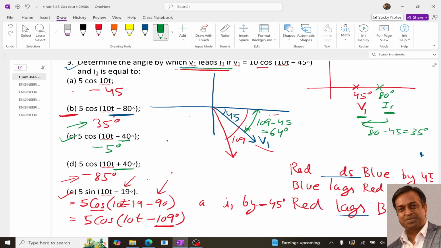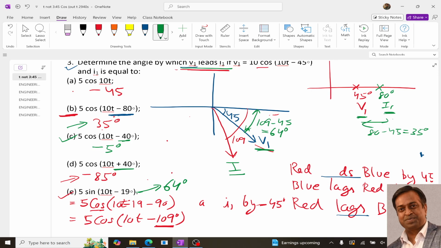So it means that the angle difference between V and I is 64. And over here V1 leads I. So for this one, the answer is plus 64 degrees.